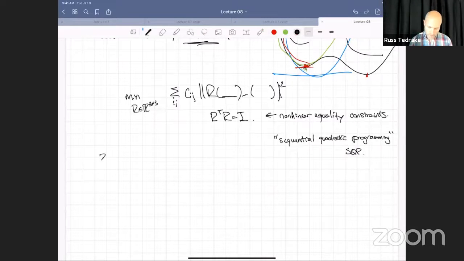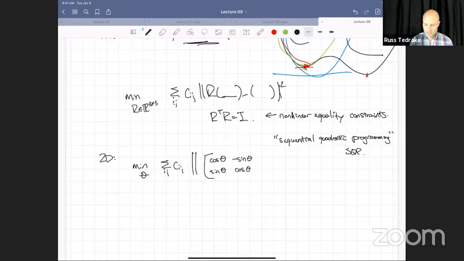So in 2D, I could write the same, maybe even a better optimization for my solver by say minimize over theta, okay? Sum over ij, cij, and then instead of using R, I'll go ahead and write my objective function with the rotation matrix written in terms of theta times all my model stuff.